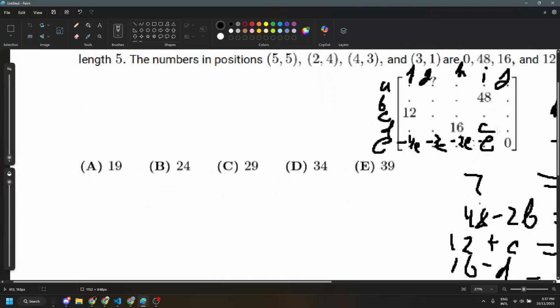Let's look at this value right here. So we have, let's call this, that would be 4, 4, 4.